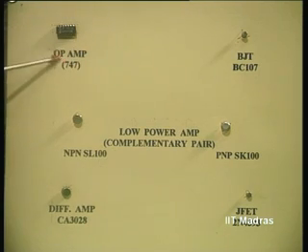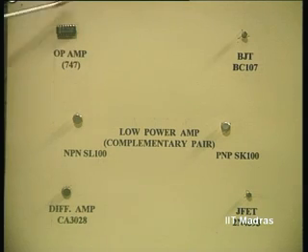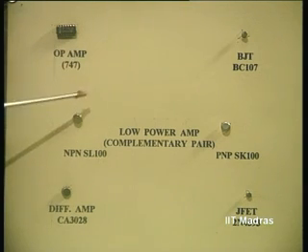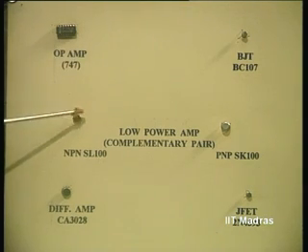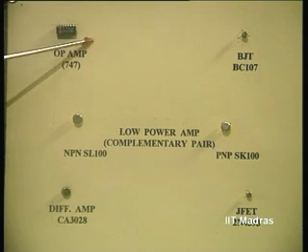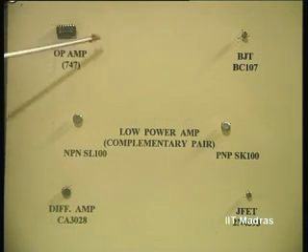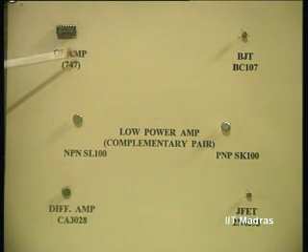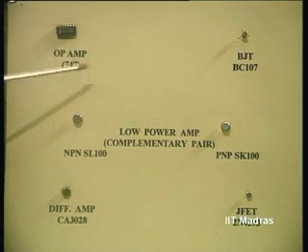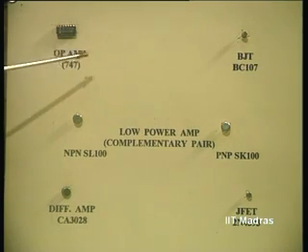This is what is called a dual inline package. It can also come in what is called a TO5 package, which looks like this. This is the dual inline package. There are 14 pins here. The 747 comprises 2 identical operational amplifiers.